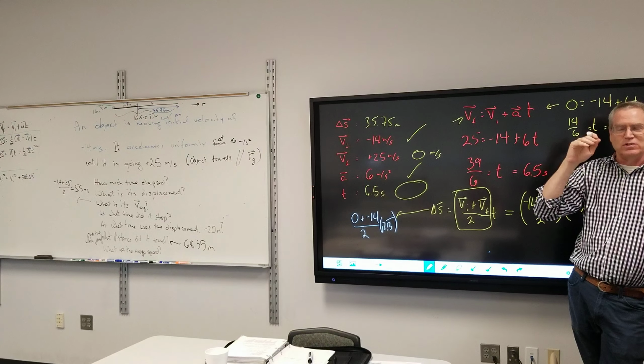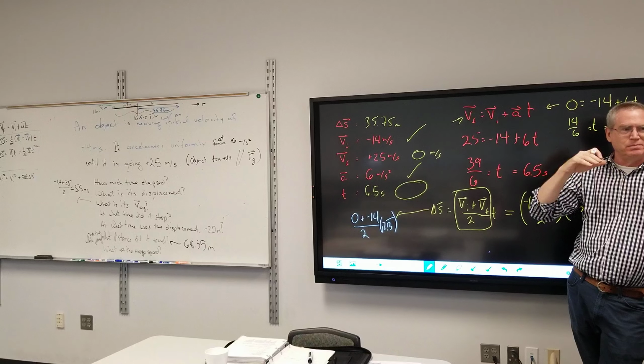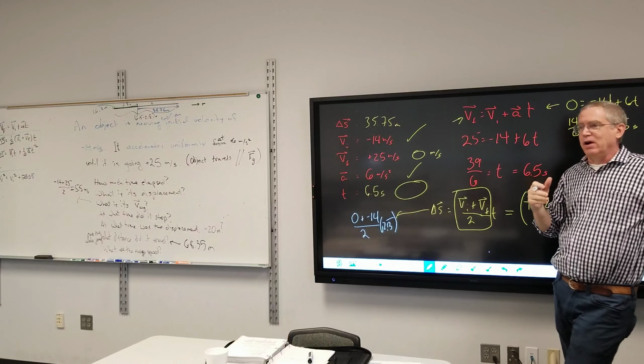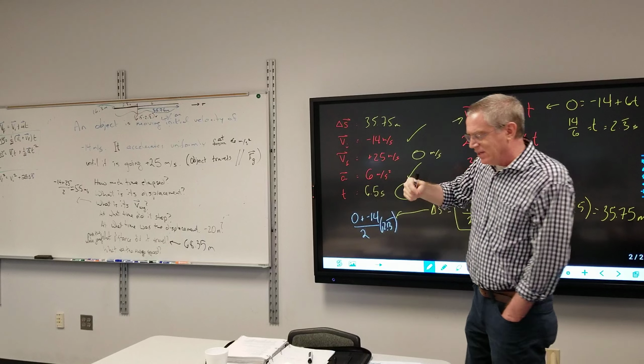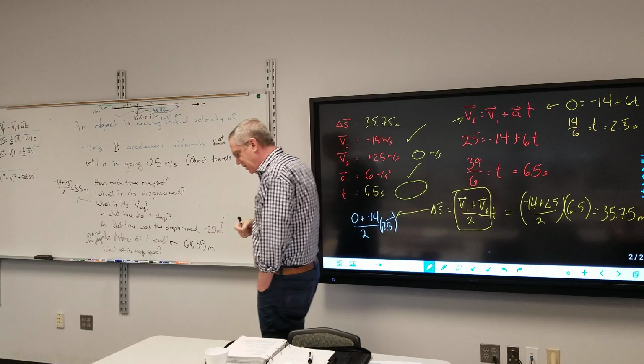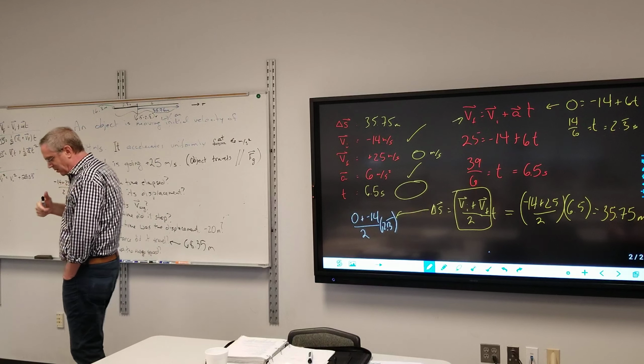Or you would just say displacement over changing time. Or if you felt like it, displacement over time also works. All right, so velocity is change in position over time, or displacement over time.